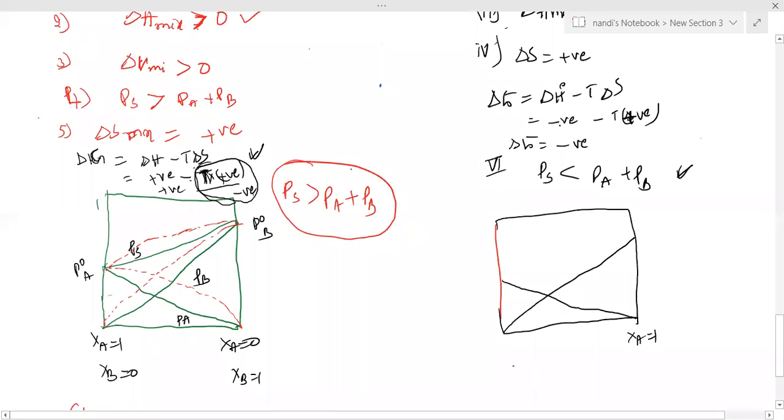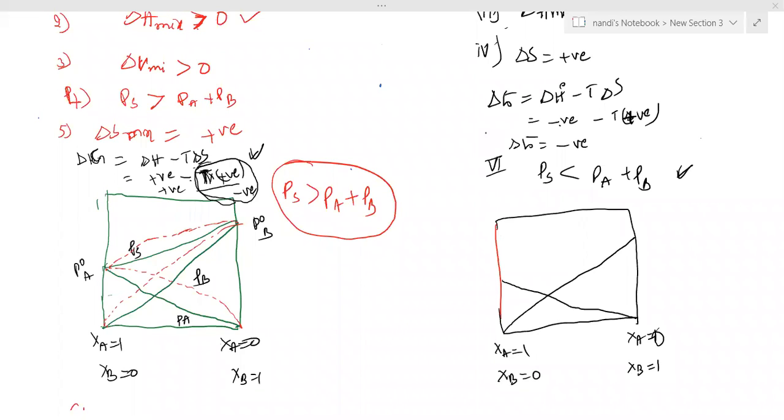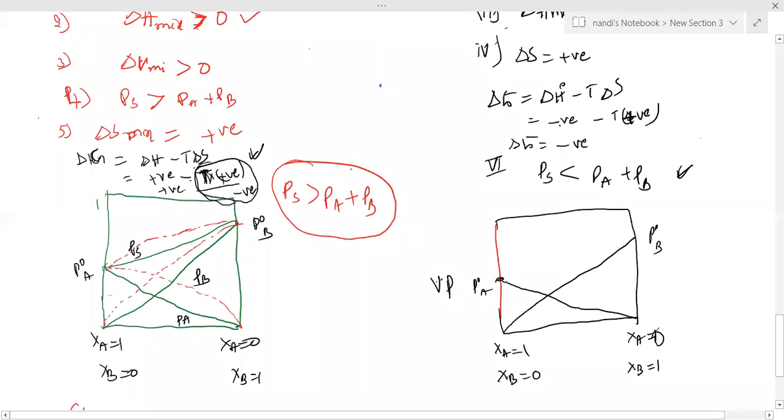Look here, these are the vapor pressure axis. This is P naught A, P naught B. By looking at this graph, ideal case I am giving, which has more vapor pressure, sir, P naught B or P naught A? More vapor pressure means more volatile. Is it correct?